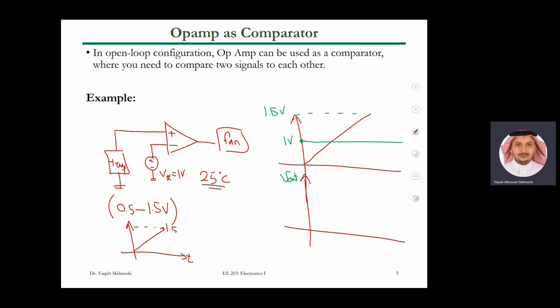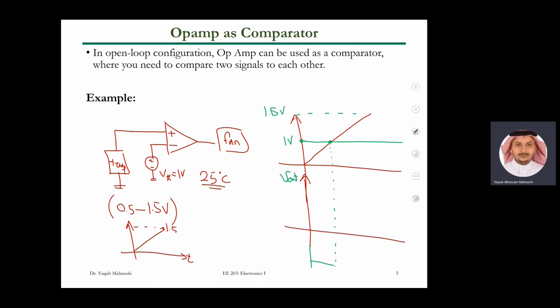Let's now try to imagine the circuit. So this is the point where the V positive becomes higher than the V negative. In the case of having the V negative higher than the V positive, what will be the V out? Negative 15, right? Or the negative power supply.